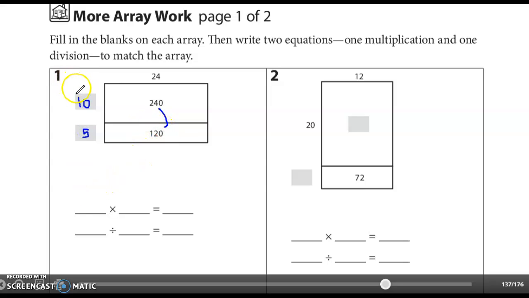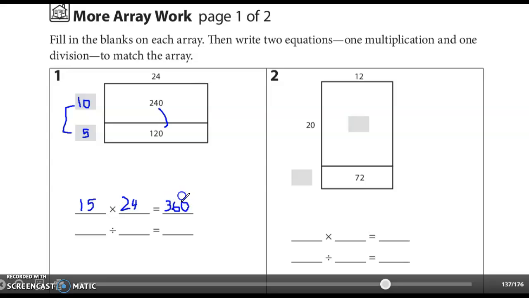So for my multiplication equation, I'm going to put these two together. So I'm going to have 15 times 24 is going to be an answer, and you're going to add these two together. So 240 plus 120 is going to be 360.